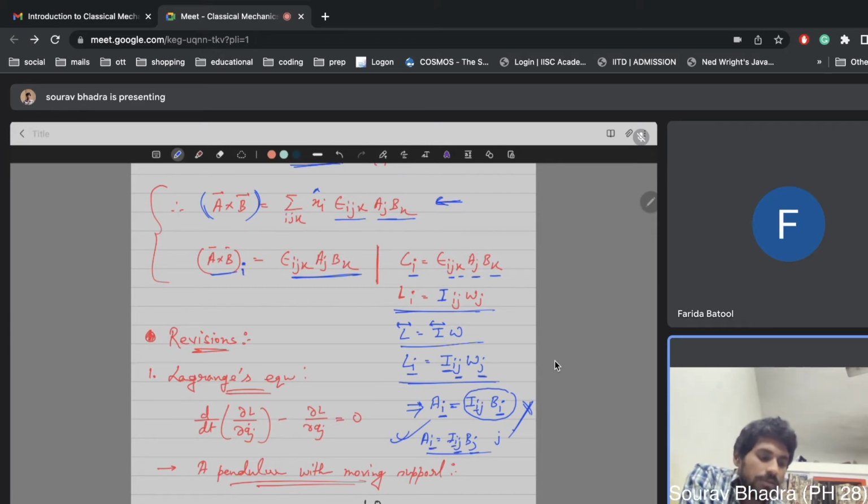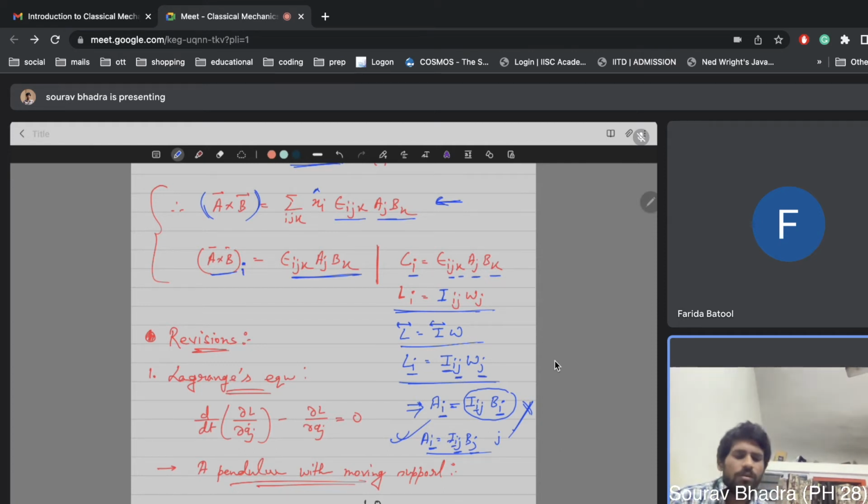This is how you can understand how the transformation of vectors and tensors happens, and you will find some problems in the assignment based on this method, asking which transformation is correct for a tensorial quantity or not. If you understand this part, you will be able to solve those problems.